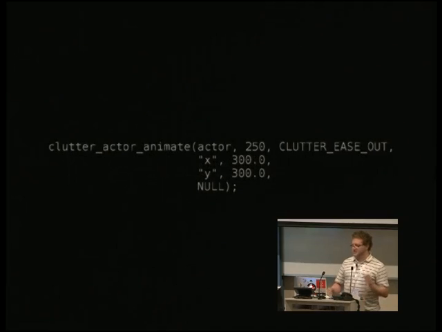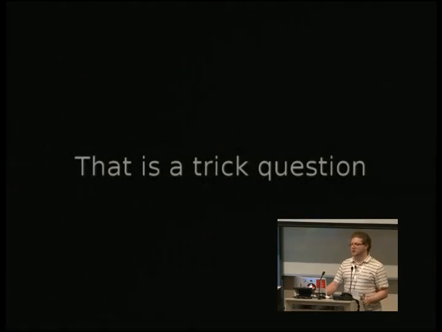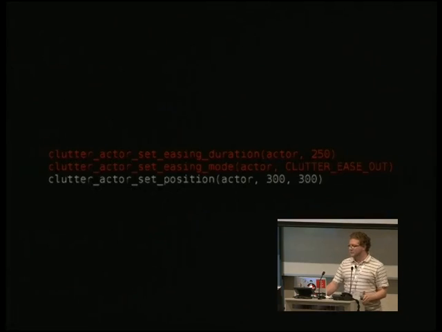Now, another simple question is, what is the difference between that particular function call and this one? That is a trick question. There is no difference at all. Mostly because the two blocks do exactly the same thing. One moves immediately and one moves through an interpolation, but there is no actual reason for that.